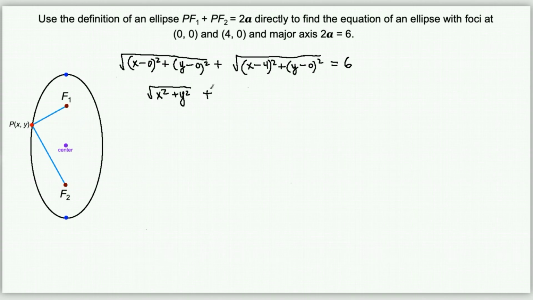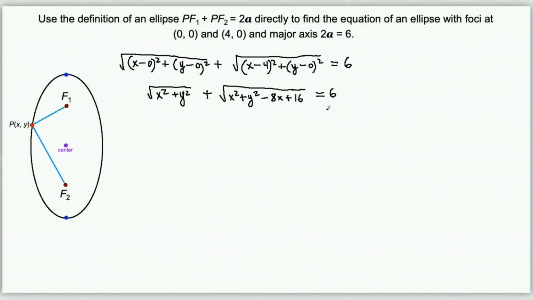And then plus, here we're going to have the square root of x squared minus 8x plus 16 plus y squared. Okay, and I got this x squared minus 8x plus 16 from this binomial being squared, and of course I'm adding the y squared, which you see here, and that's equal to 6.